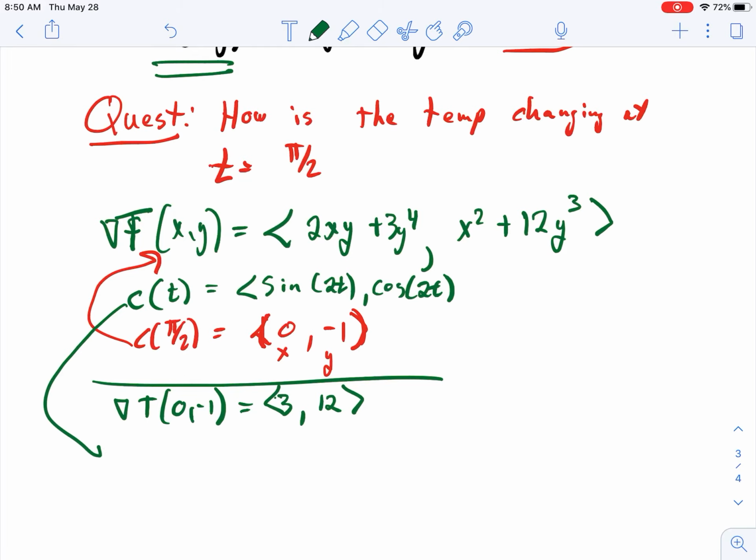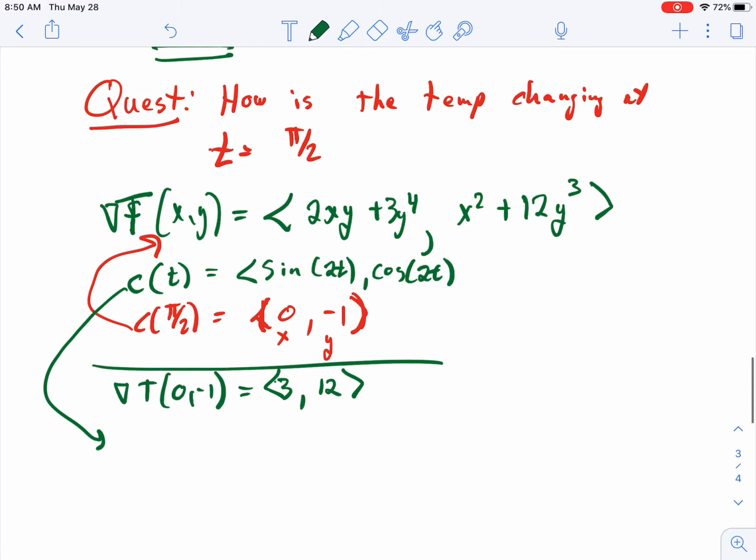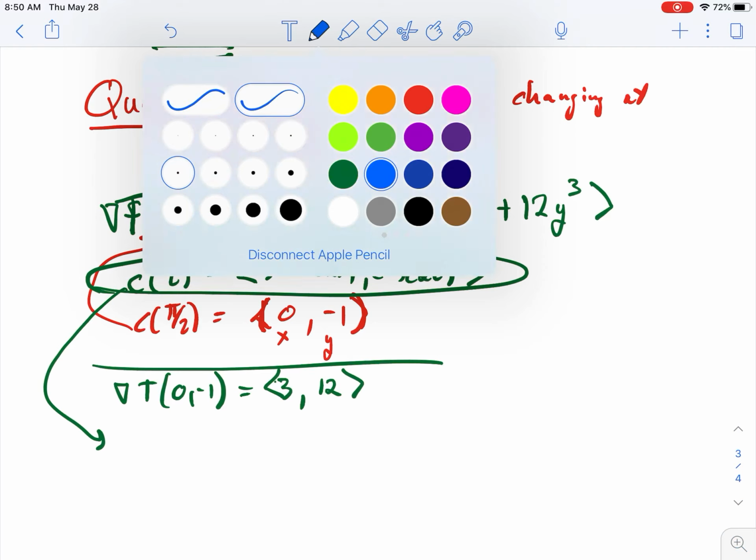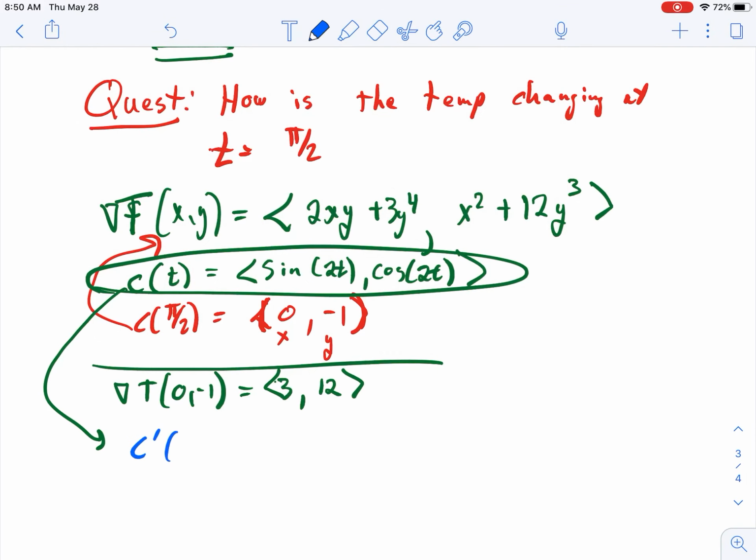All right. So now we have to get my directional derivative. Well, my directional derivative is what my vector already is. So I have to just find this piece here. So I have to take the derivative of that. So c prime of t.